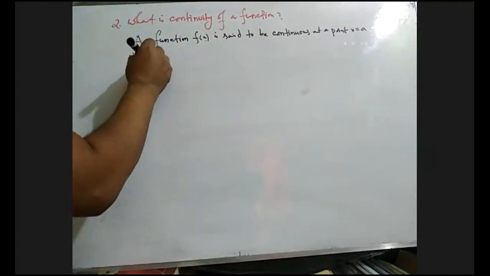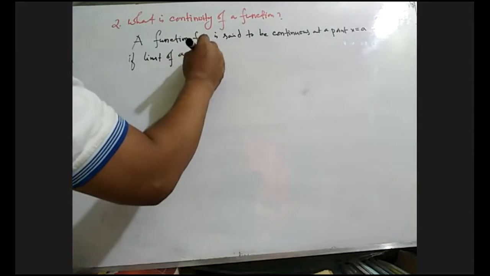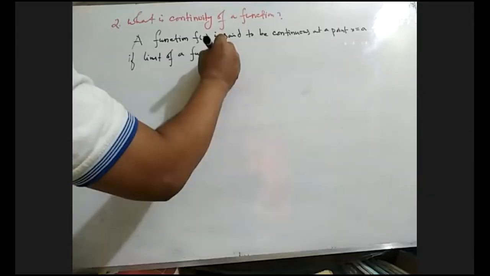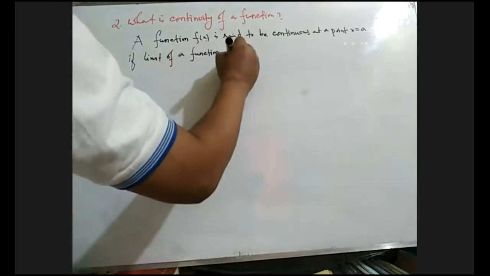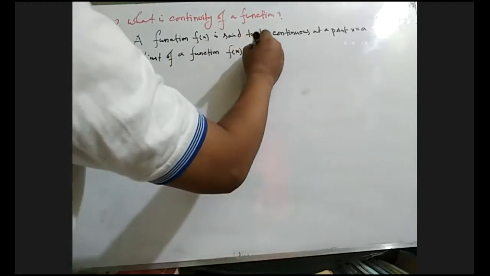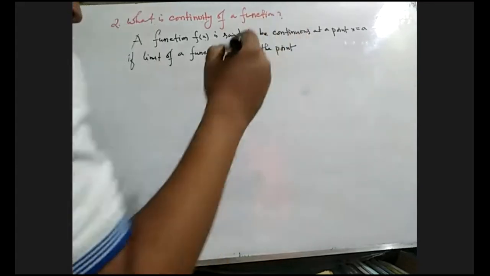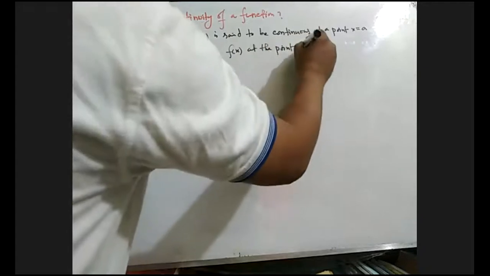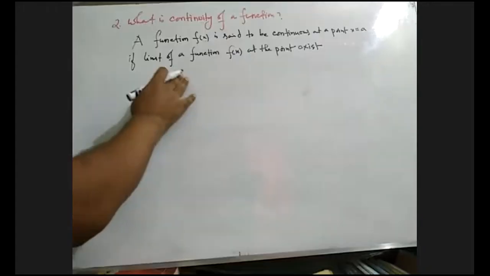if the limit of the function f of x at the point exists. That means the first condition: the limit of the function exists.